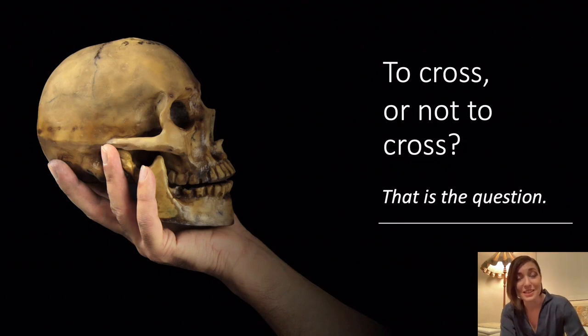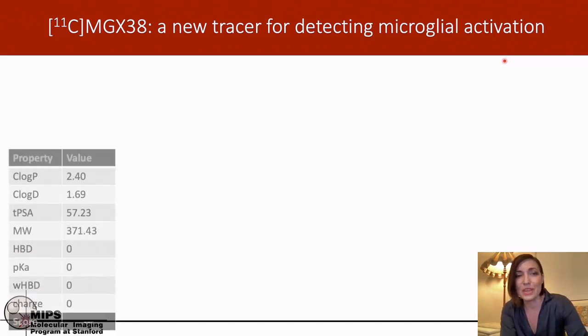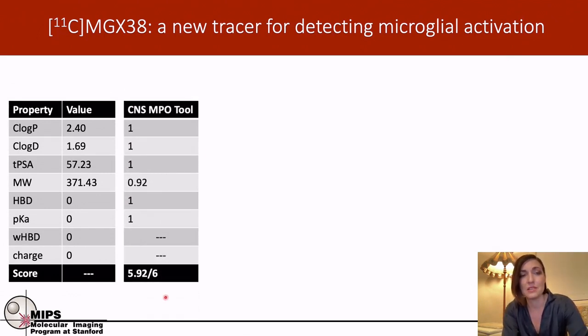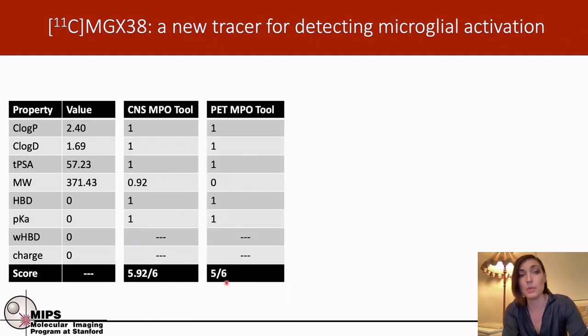We indeed put our new tool to good use when picking a molecule for a new target, MGX, to look at microglial activation. There were over 500 molecules in the patent literature, and we ranked them all. We ran them through our new algorithm, and we came up with one molecule in particular that had these properties. This is the score for the CNS MPO tool, and this is the score for the PET MPO tool.